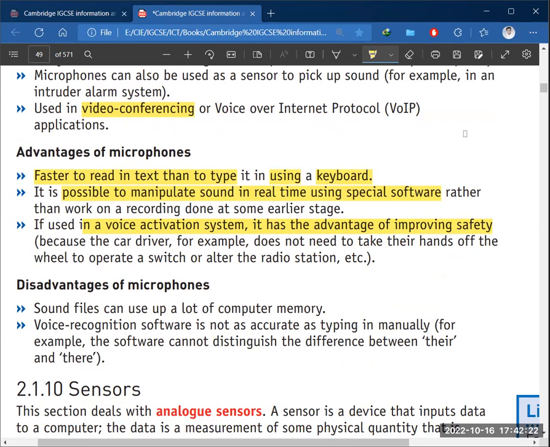Should I write the advantages of microphone too? Yes, write it. And the disadvantages: sound files use up a lot of memory, and voice recognition is not as accurate as typing.